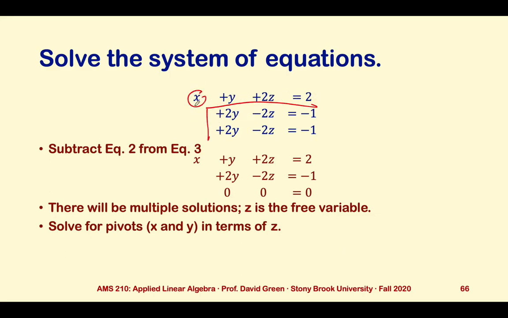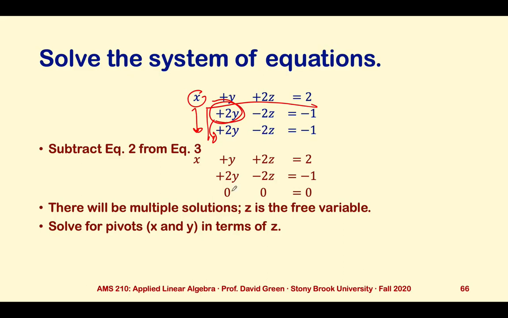We've already eliminated downward in this position, so we move down a row over to the right and focus our attention now on this pivot. We want to eliminate below. These have the same coefficients, so we simply subtract the second equation from the third.